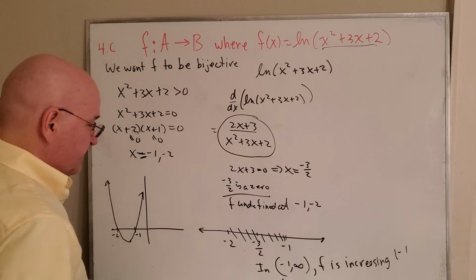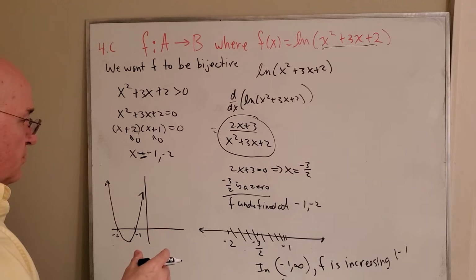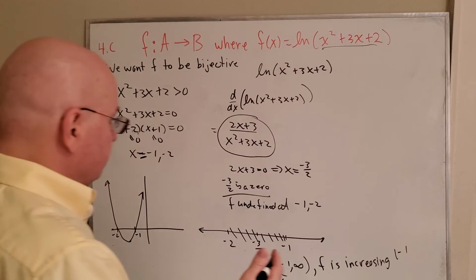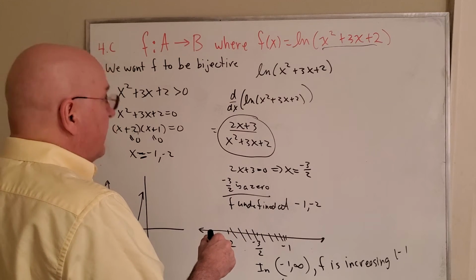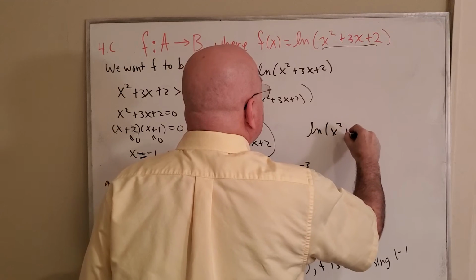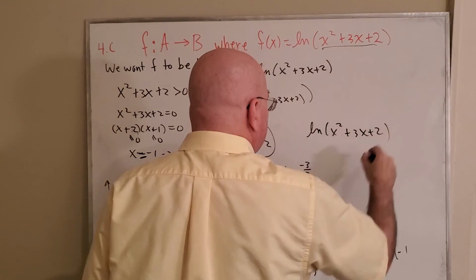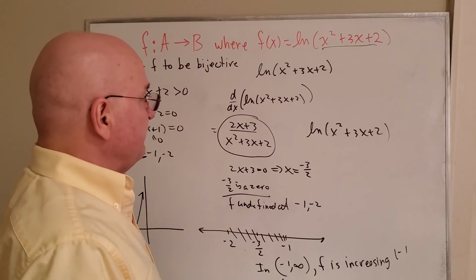In either case, that's a good question. It's increasing. Then we can say, what is ln of x squared plus 3x plus 2? It's an increasing function from negative 1 to infinity.